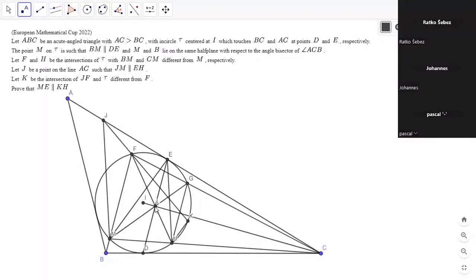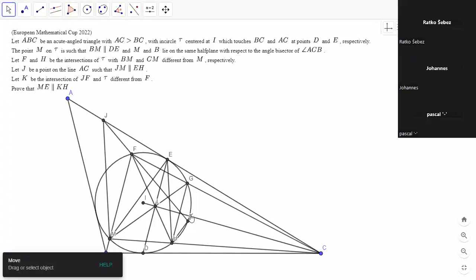So if you just let, by Brocard, the intersection of FH and MN lies on the polar of C, which is ED. And so since FM is parallel to ED, then NH is also parallel to ED.